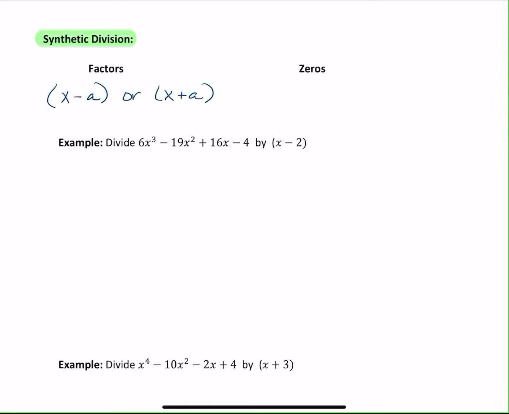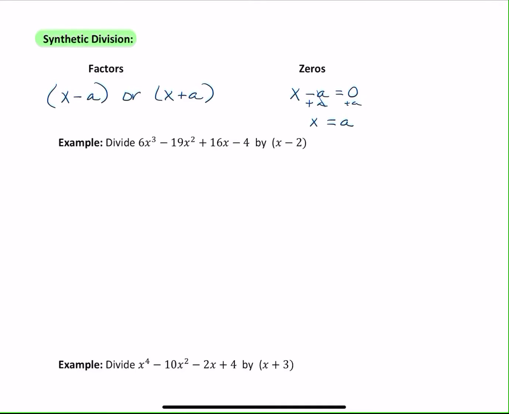So before, when I divided by the quadratic, I couldn't have used synthetic division. I had to use long division on that. But if you have a factor of this form, you're going to set it equal to 0 and solve it. So if I have x minus a, when I add a to both sides, that will give me x equals positive a.